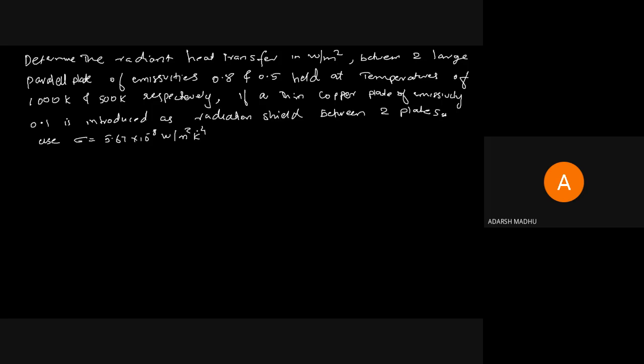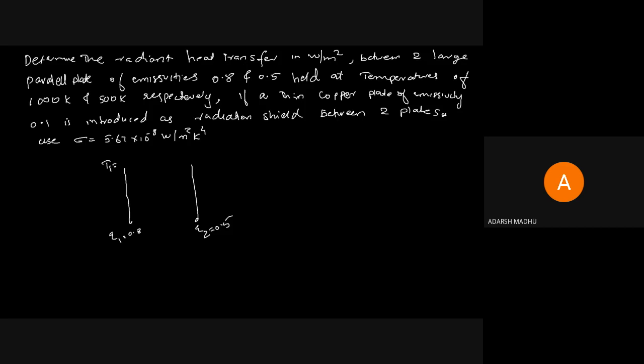So what is the question? Determine the radiant heat transfer between two large plates. So you want to find the Q12, right? For emissivity 0.8 and 0.5, there are two infinite parallel plates. Emissivity of the first one is 0.8, emissivity of the second one is 0.5. Temperatures are 1000 Kelvin and 500 Kelvin.